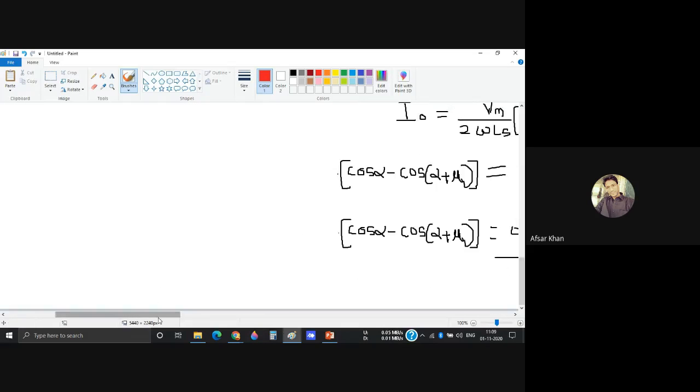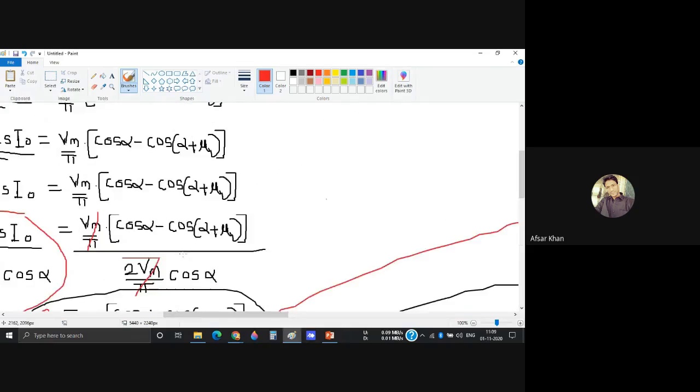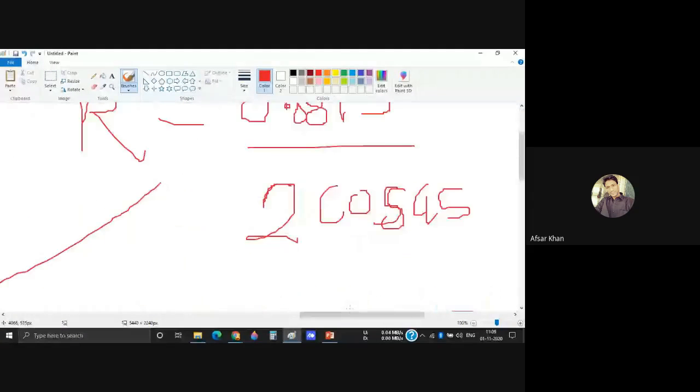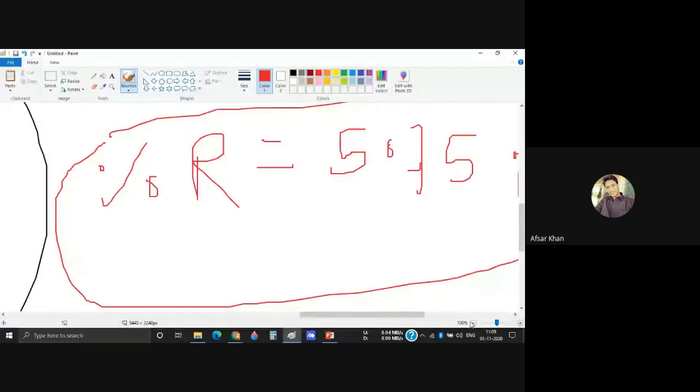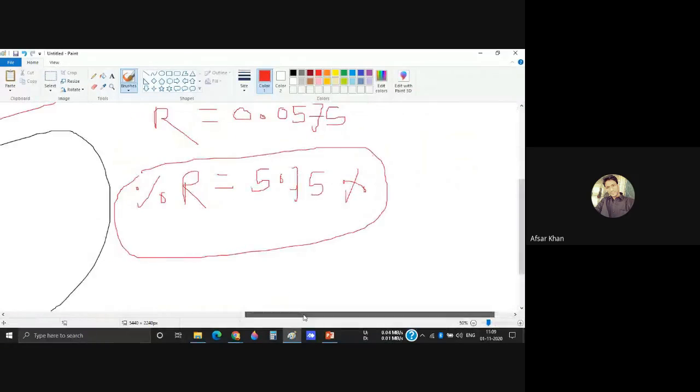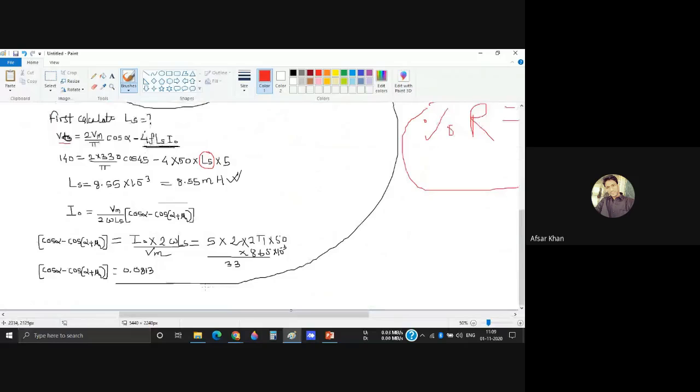If your percentage regulation is 5.75%, then it is correct. If someone is getting 0.813, they have to cross check. Yes, here I have made a mistake. Here it is 330, and I had taken only 33. If you are taking 33, that is wrong. It is 330. Yes, I made a mistake. Now you will get the answer 0.0813.